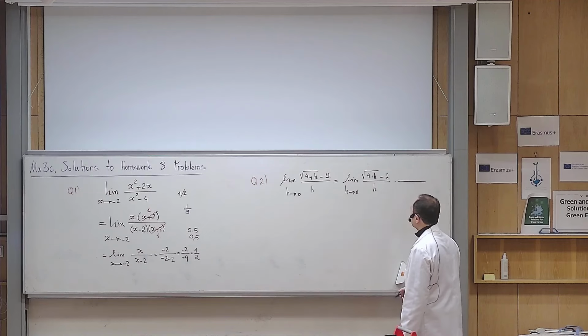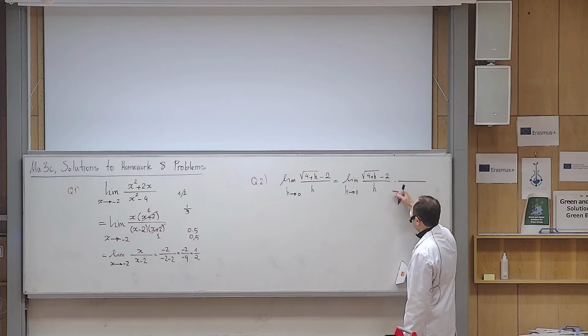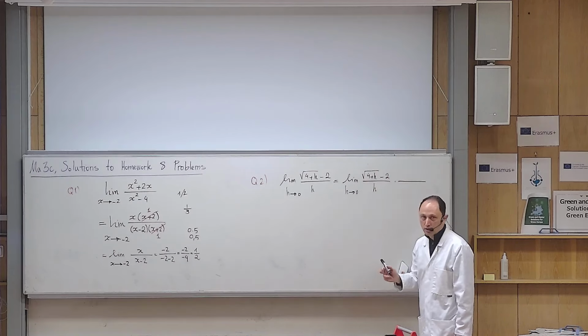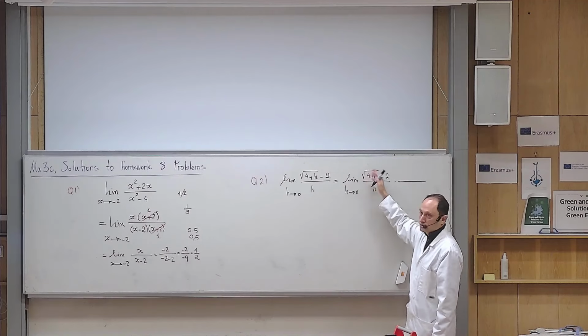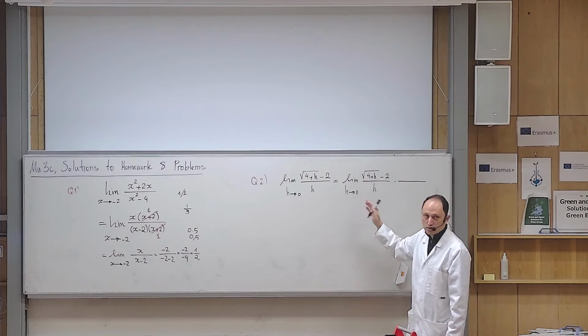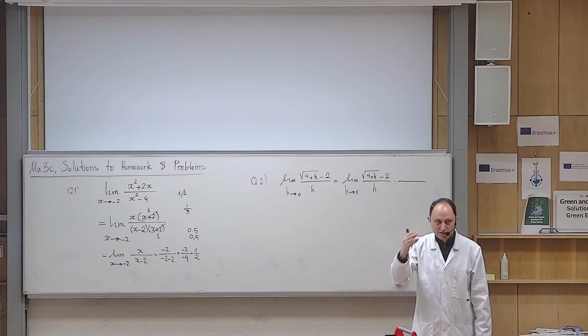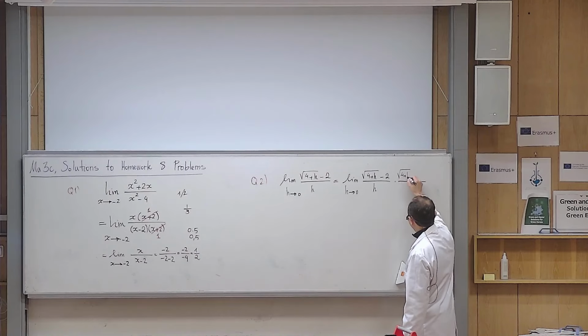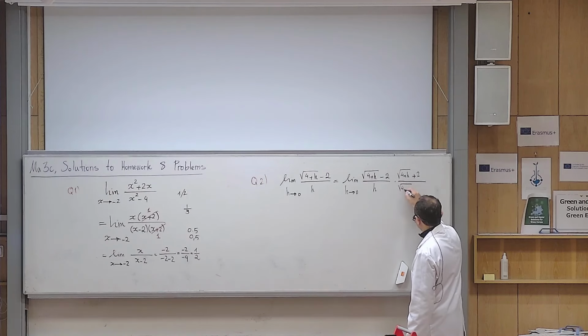I have to multiply the numerator and the denominator by an expression that forms the conjugate pattern with the expression including the third sign. It doesn't matter if the third sign is in the numerator or the denominator. So you have to rescale it by, in this case, the square root of 4 plus h plus 2, and the same thing divided by the same thing.